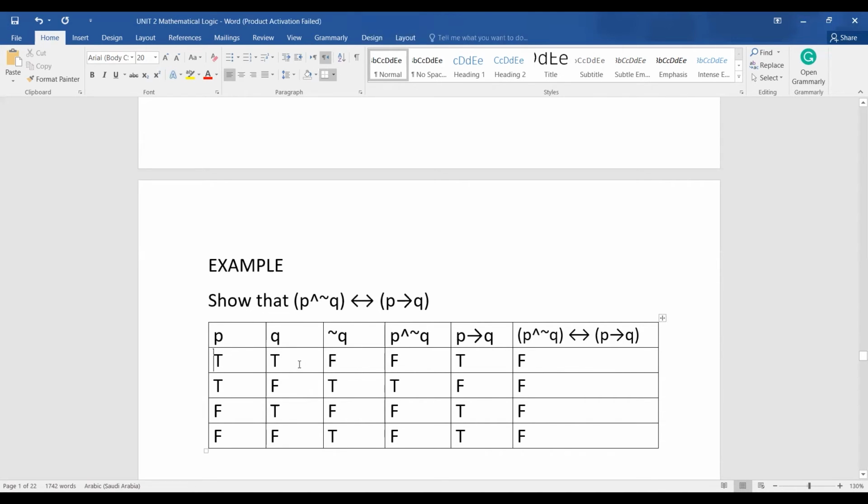True and false would give us a false statement because it's an and. True and true would give us a true value. False and false would give us again a false value.